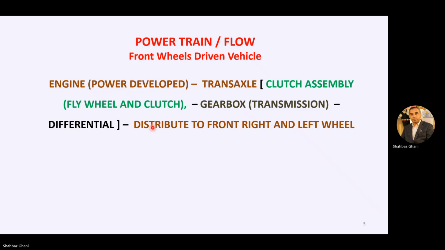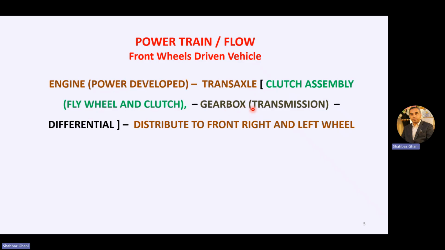Now, power flow or powertrain for a front wheel driven vehicle. In the last lecture, I have also explained this thing. First, the engine power, then we have a transaxle assembly. Transaxle is basically a major assembly which consists of 3 sub-assemblies. First is the clutch assembly, which includes the flywheel and the clutch.